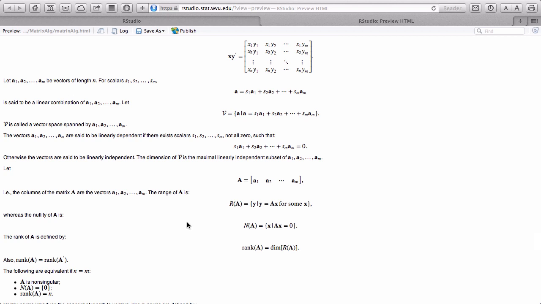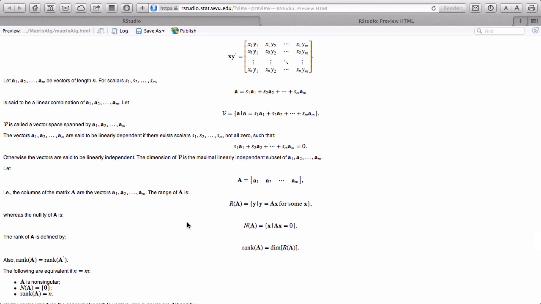By the way, multiplying on the right and left are not the same thing. XA is not the same as A times x. In fact, it may not even be defined because the number of columns of A must be equal to the number of elements of x if x is a vector. And that may not be the case if I multiply it the other way, unless A is a square matrix.